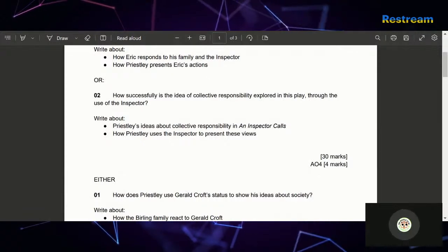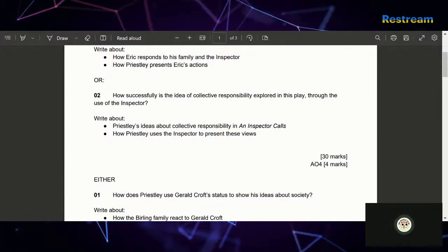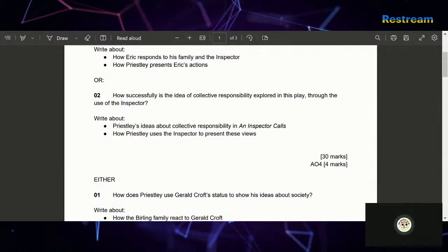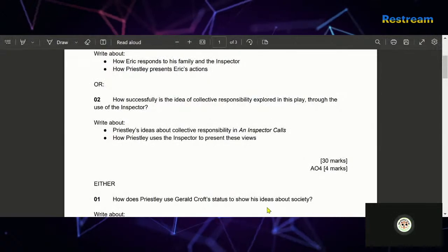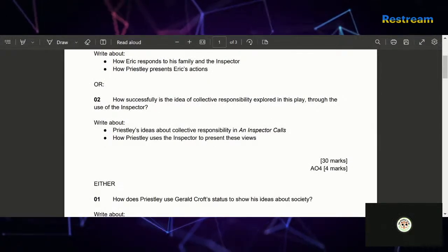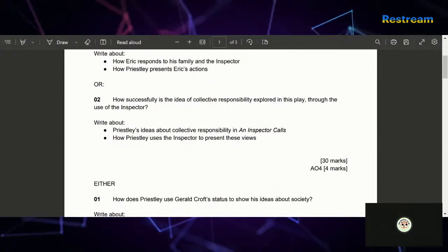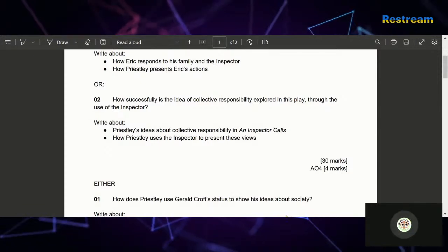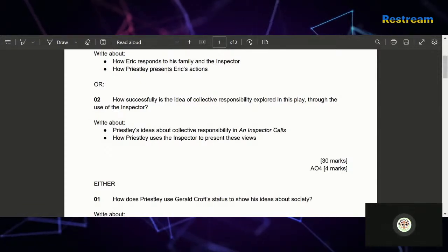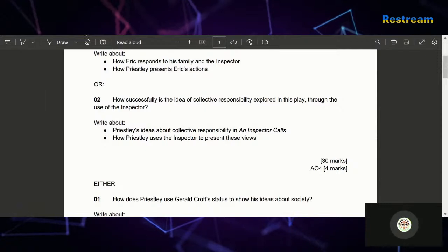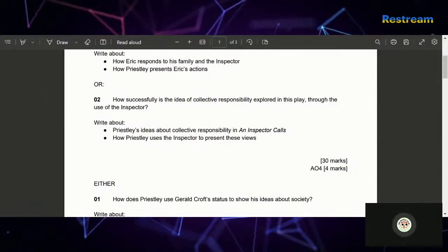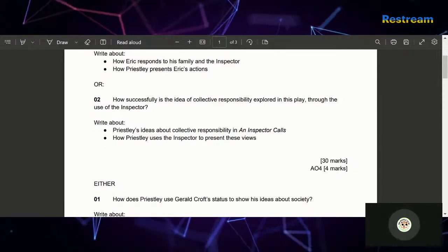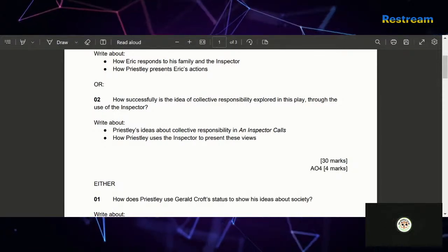Now, collective responsibility is a massive part of Priestley's entire play, and that's why it will always be slightly more difficult to talk about. However, if you're the type of person that always goes off topic, then do the theme question, because it's really hard to go off topic since it's quite broad anyway.